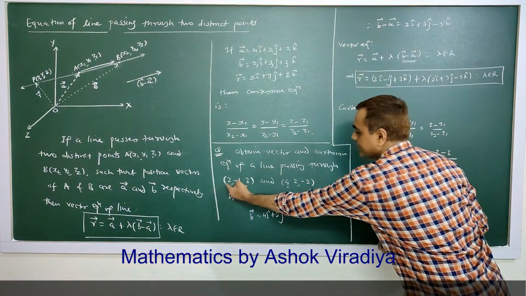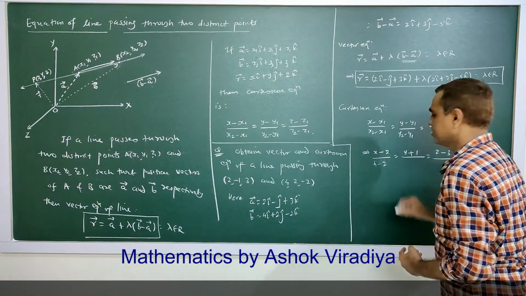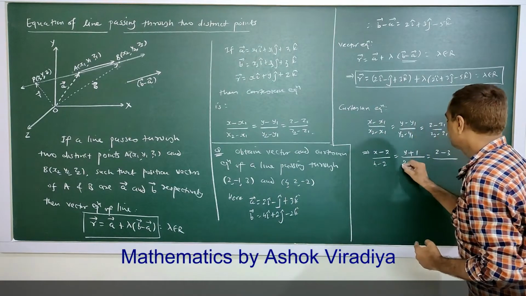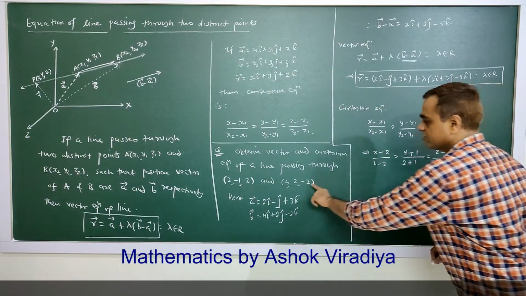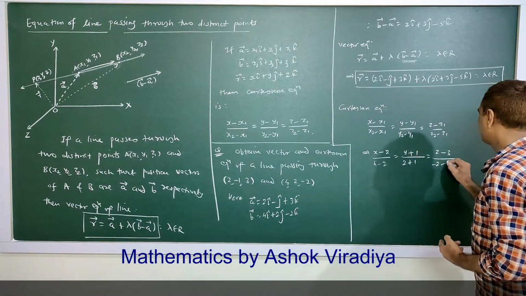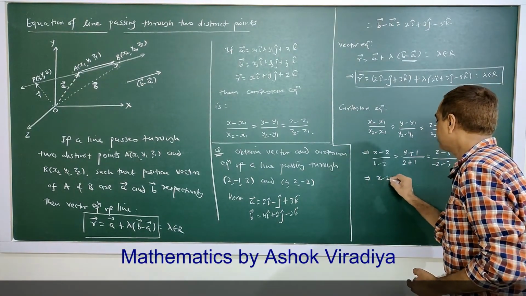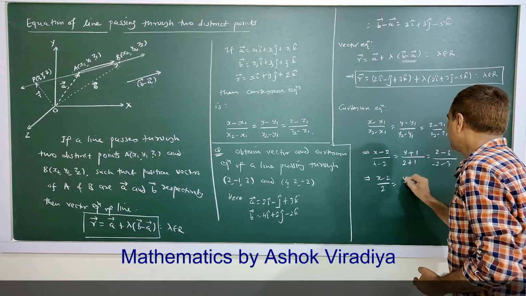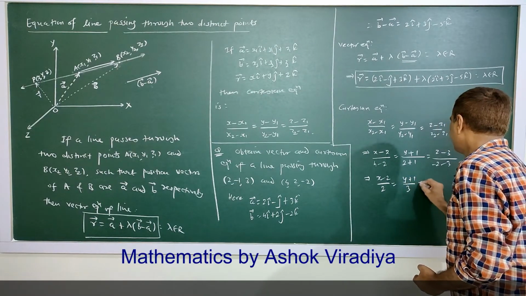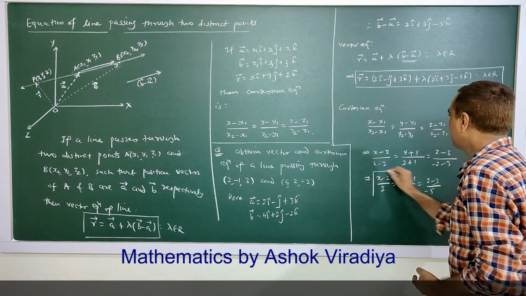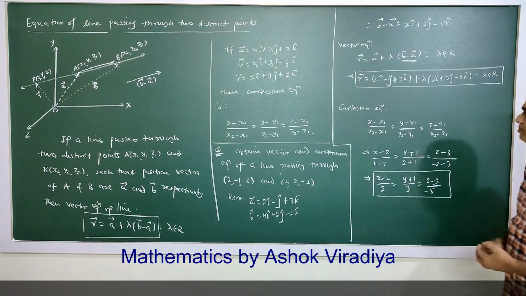Upon x2 minus x1, 4 minus 2; y2 minus y1, 2 plus 1; z2 minus z1, minus 2 minus 3. That is x minus 2 upon 2 equal to y plus 1 upon 3 equal to z minus 3 upon minus 5. So this is the Cartesian equation.